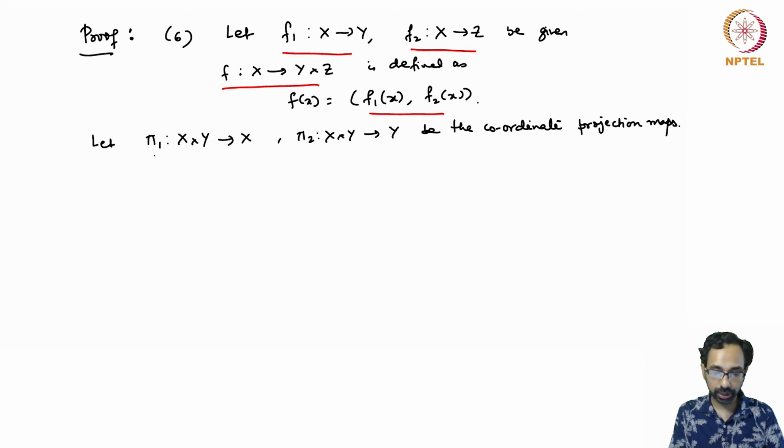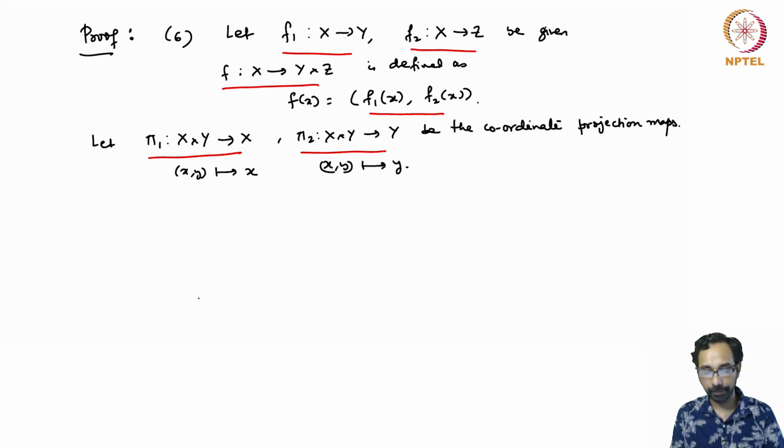And now suppose that we have the coordinate projections pi1 and pi2. We have seen these maps before. This map takes (x, y) to x, and this map takes (x, y) to y. Now if f is continuous, notice that we are always taking the product topology on the Cartesian product.